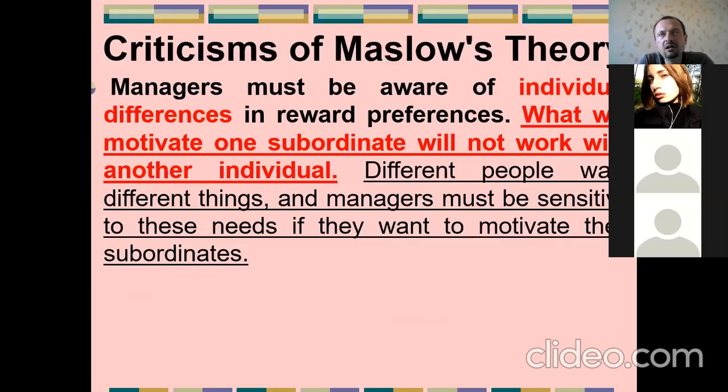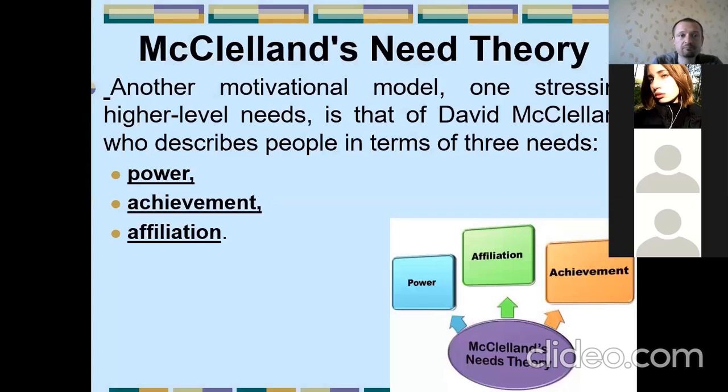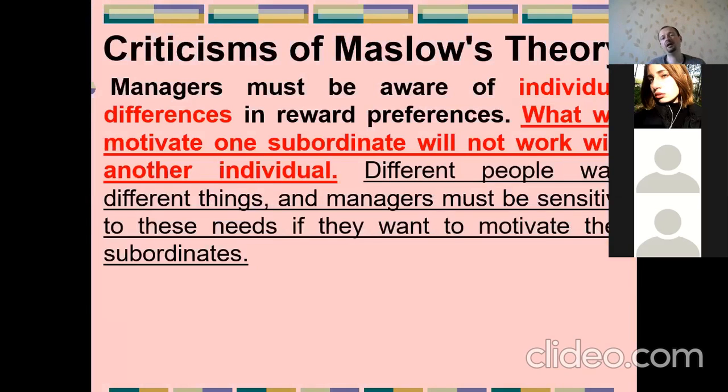It could be more important for somebody to have some social activity, and for somebody else it could be more important to satisfy his or her esteem needs, for example. So we have to use a contingency approach when thinking about Maslow's theory of motivating.